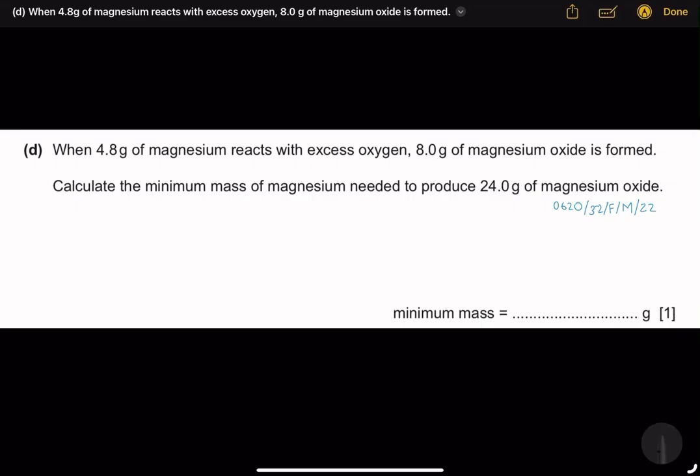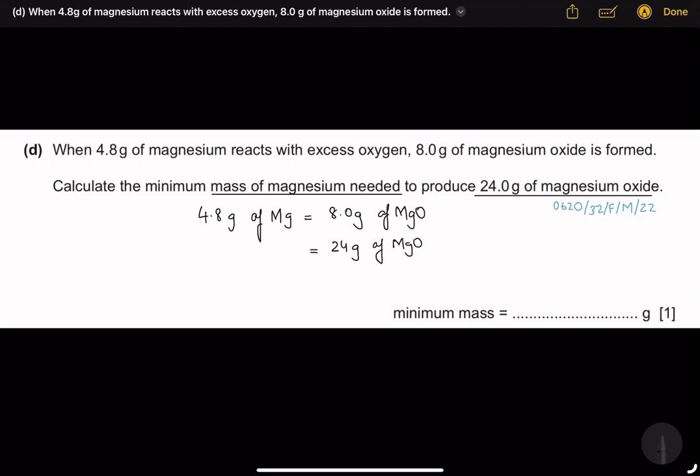Okay, now the next question, we will have 4.8 gram of magnesium giving us 8 gram of MgO when it is reacting with excess oxygen. Now we need to get the minimum mass of magnesium which is needed to produce 24 gram of magnesium oxide. So we are producing 24 gram of magnesium oxide and we know x gram of magnesium.